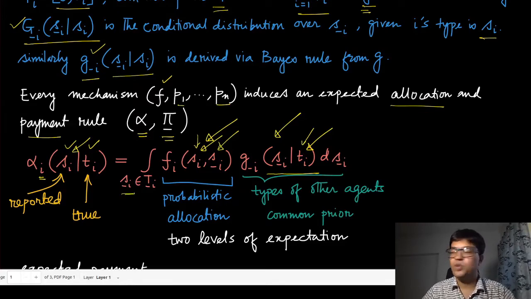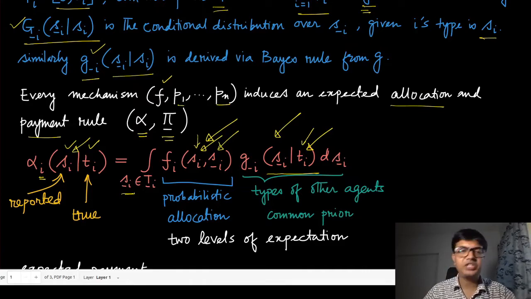So this is what I wanted to keep in mind, because whenever we are talking about single object allocation, particularly when we are talking about Bayesian incentive compatibility or some guarantees in the Bayesian world, and also our mechanism is randomized, then we have these two levels of expectation.